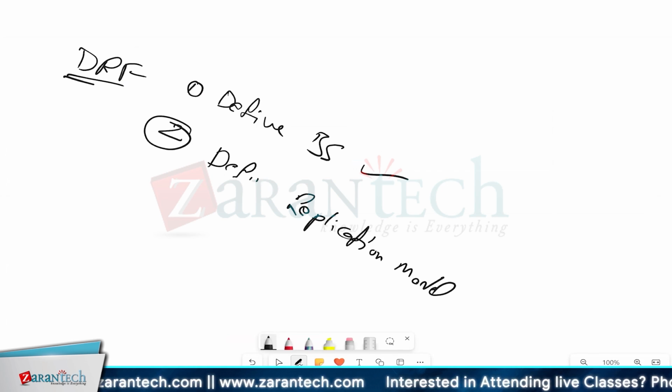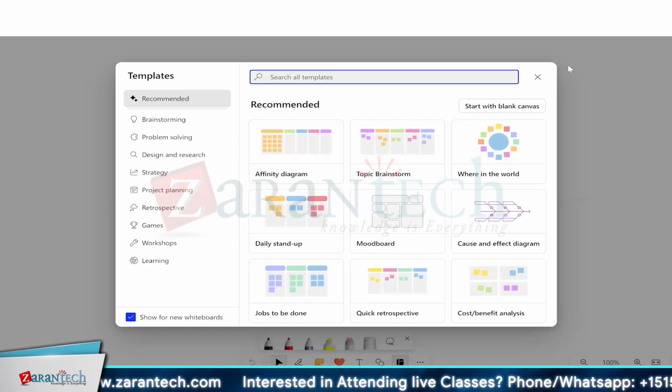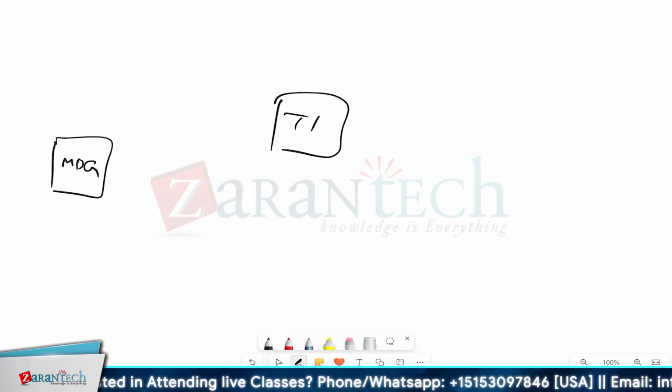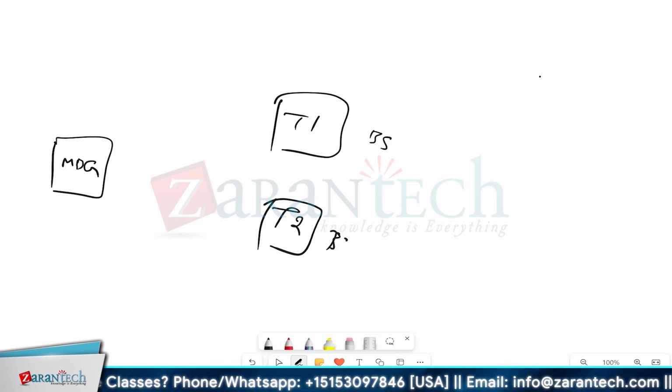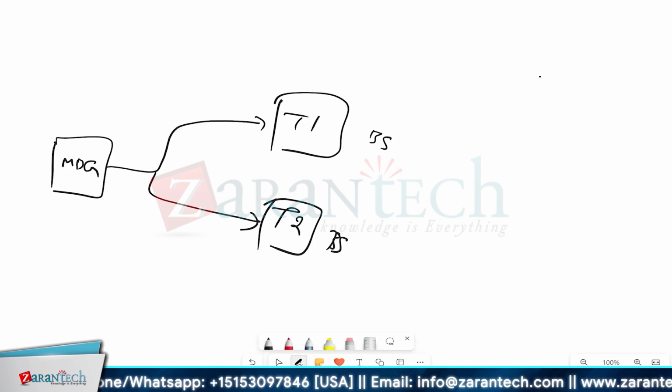Let's say, for example, this is your MDG system, this is your target one, and this is your target two. Now these we define as business systems. These are the business systems. Now you are going to replicate the master data to these two target systems.